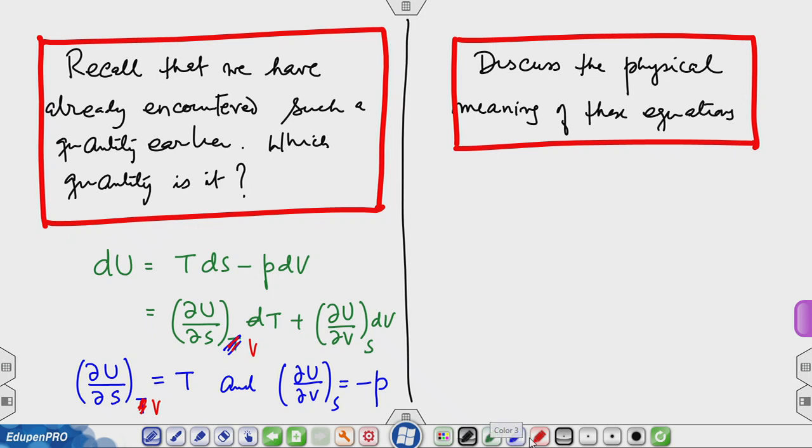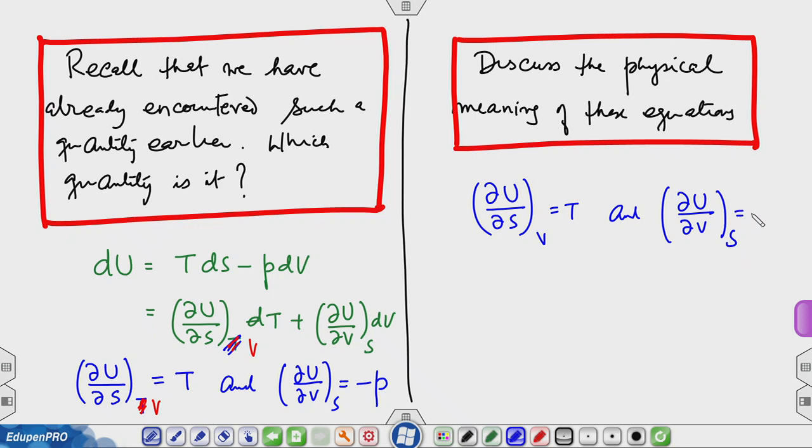So, we have just obtained that the partial derivative of U with respect to the entropy at constant volume is equal to T, and the partial of U with respect to V at constant S is equal to minus P.